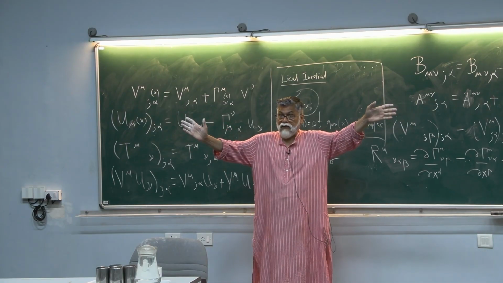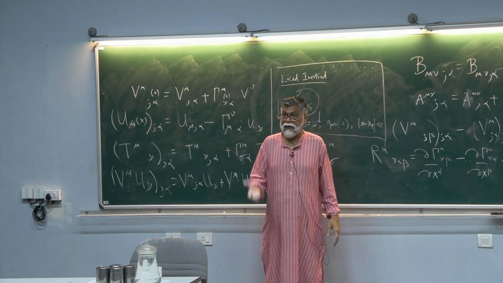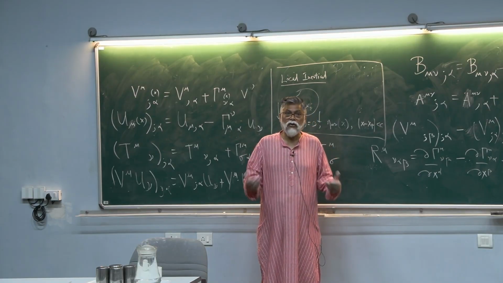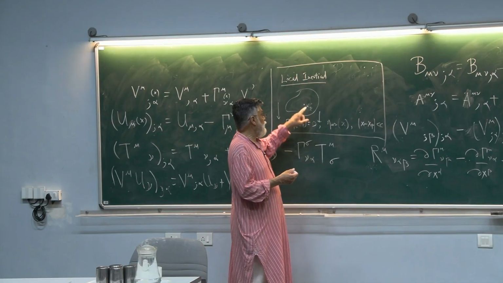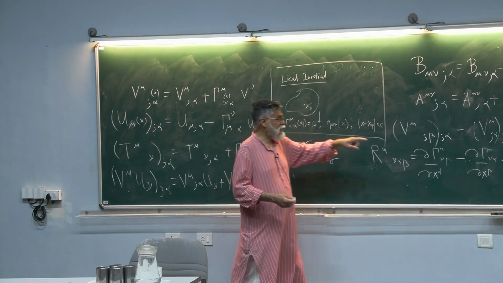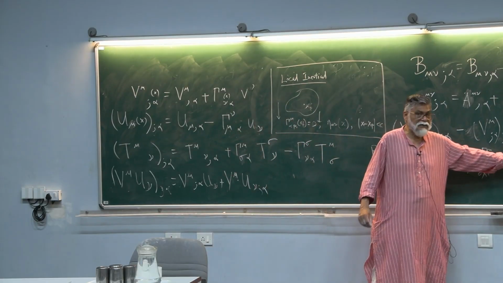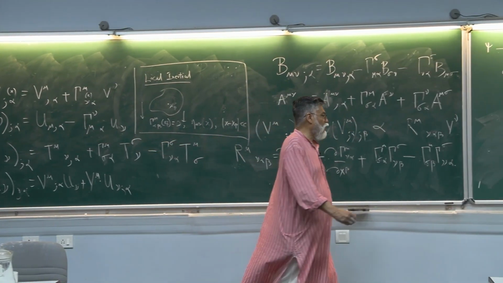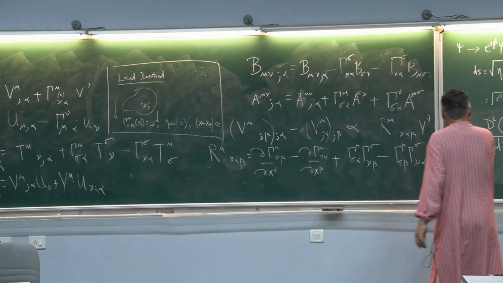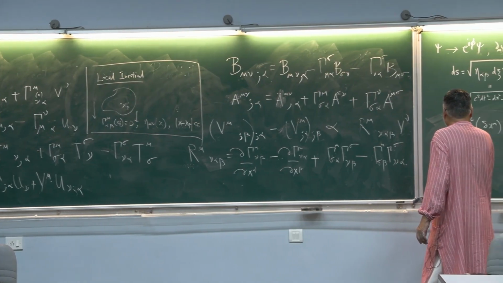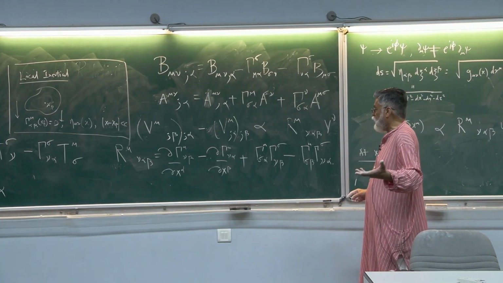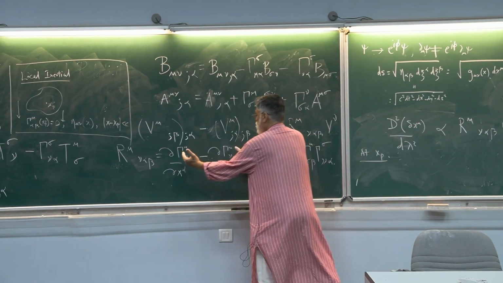It doesn't matter which frame you are looking at it. So Landau-Lifshitz will tell you, very good, go to a local inertial frame. If you go to a local inertial frame and you are at this point, the Christoffel symbols go to 0. So at the point P, at xp, in your local inertial coordinates, only these two terms will be there.